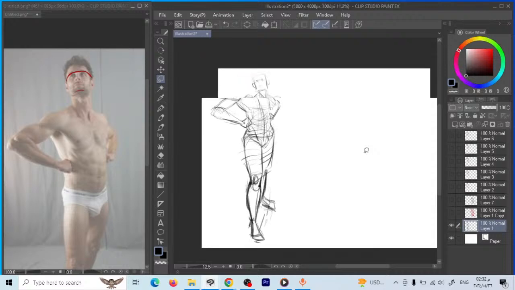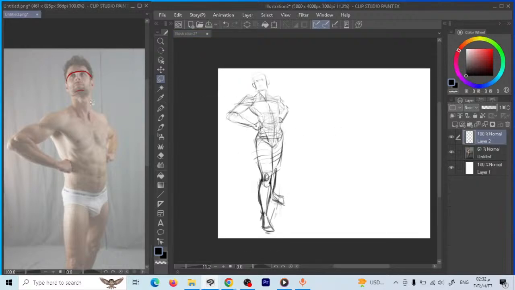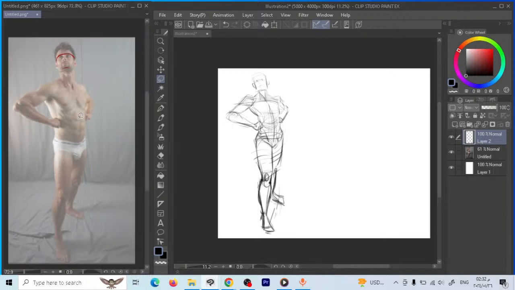So where do you think the horizon line actually is? Where is the horizon line?